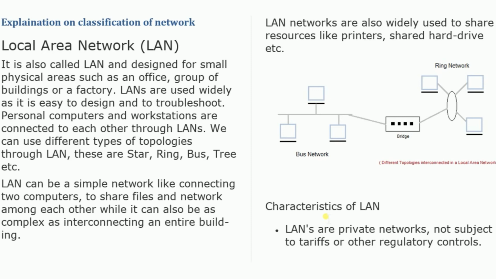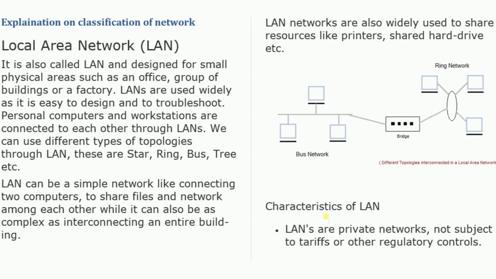Next, we will see classification of network. We have already seen there are 5 different types of networks. And in that, the first one is local area network, LAN. As I said, the network within one organization, we will call a LAN.